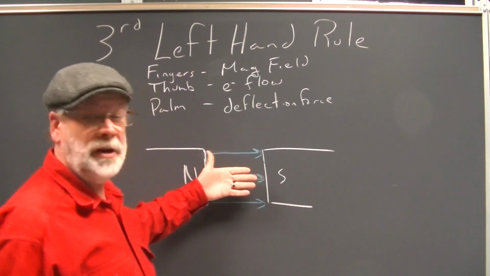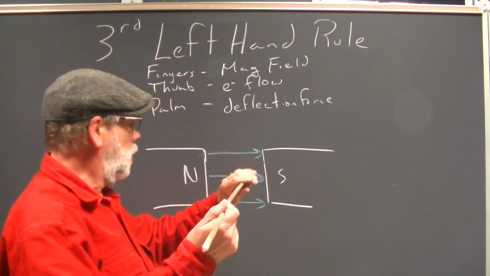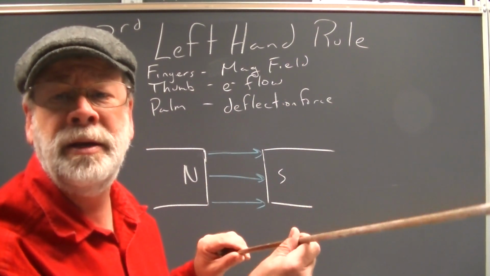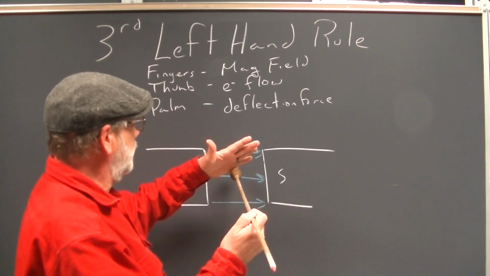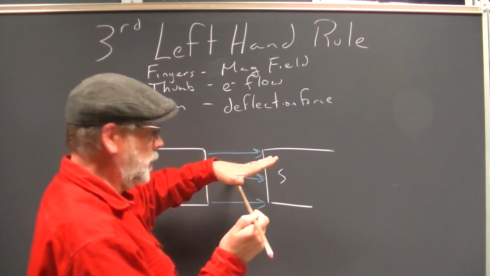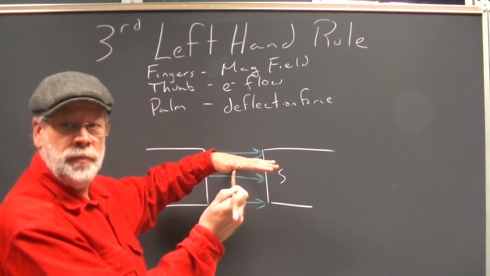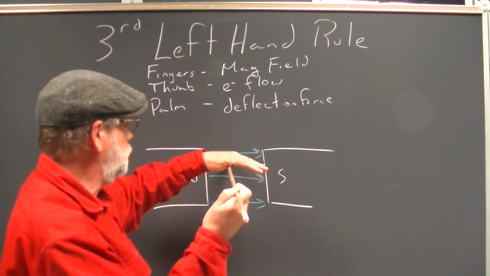So my fingers are pointing in the direction of the magnetic field. Now I'm going to use this to be my current carrying conductor, my wire. And if the electrons are flowing towards you here, so my thumb is pointing towards you, then this wire would be deflected down if the electrons are flowing towards you.